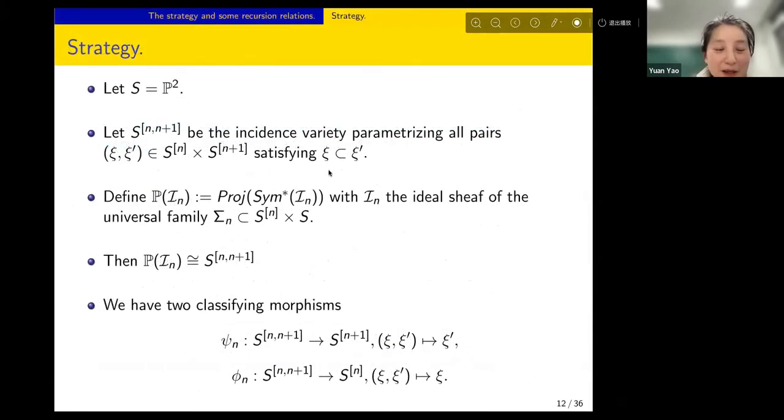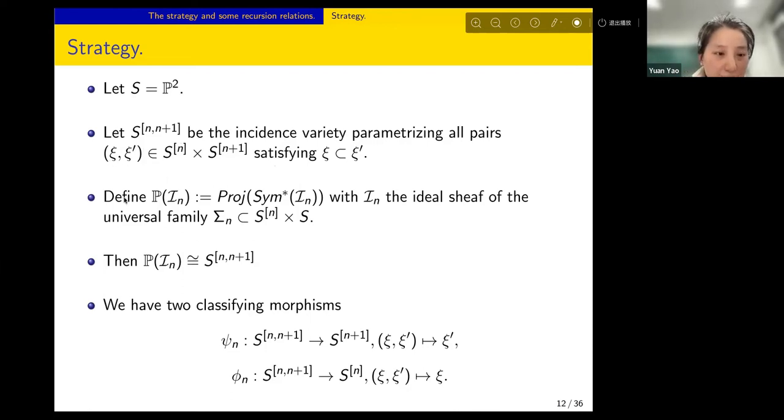Okay, so I will talk about my results, my strategy. So now S is the projective space, and we have this incidence variety parameterizing all pairs. You have one endpoint and then n plus 1 points satisfying that it contains the endpoint. So you have this one.